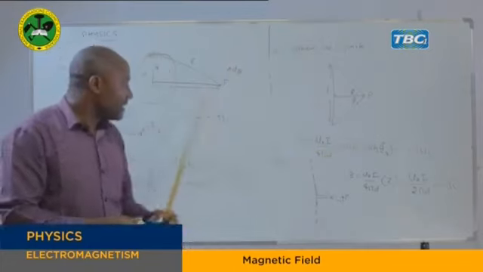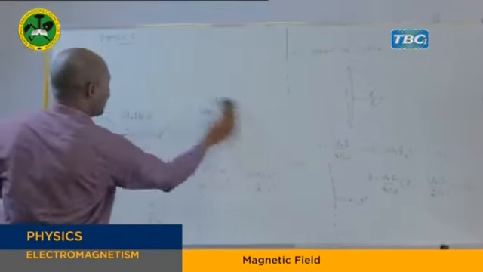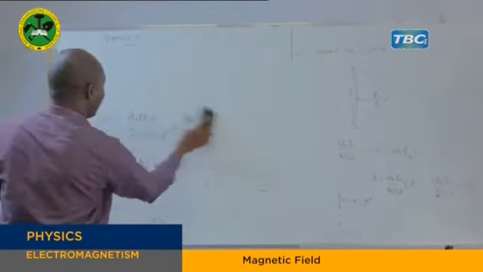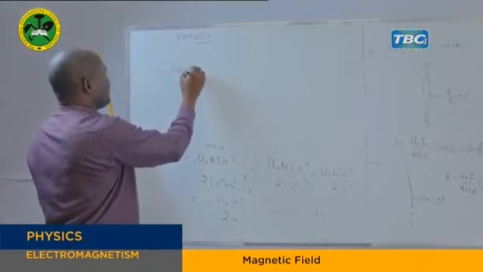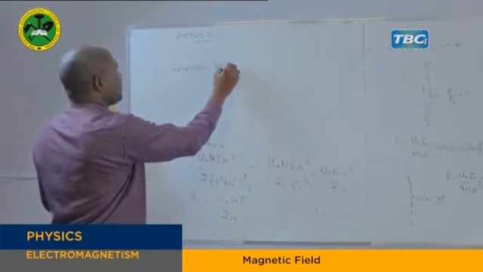And then we have the last part, which is number 5. We talk about the solenoid or toroid.